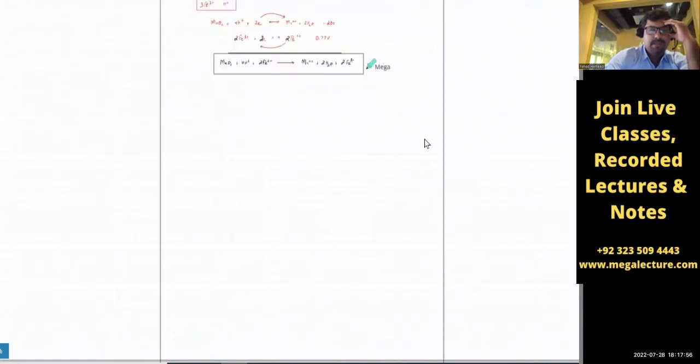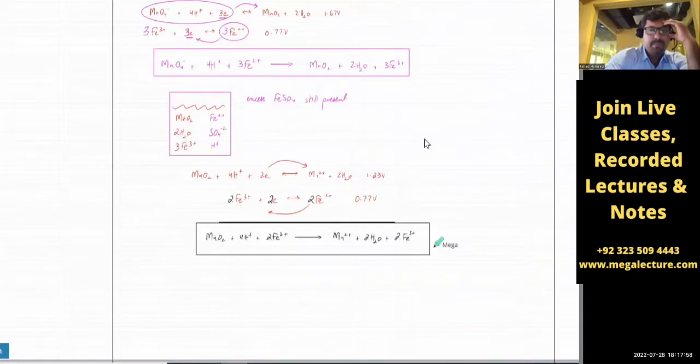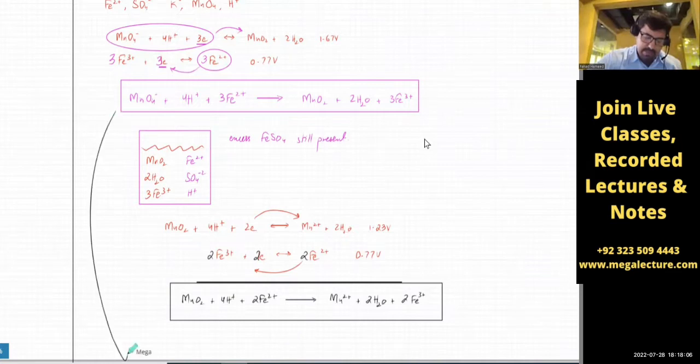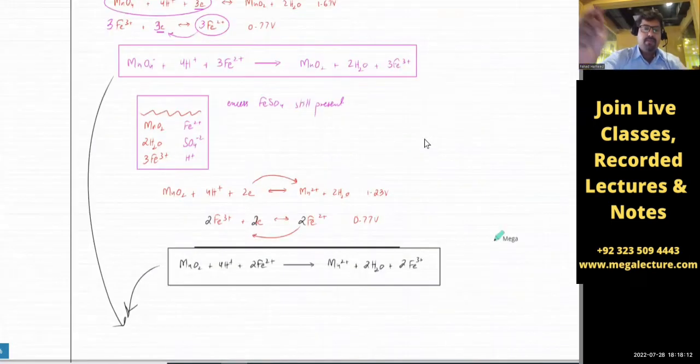तो बस आखिरी चीज करते हैं कि what I'm going to do is I'm going to add the two reactions up. Do you remember my overall reaction? I'm going to try and make an overall reaction. So the overall reaction would be a sum of the two, because there are two reactions happening.